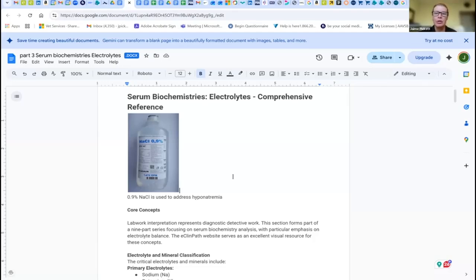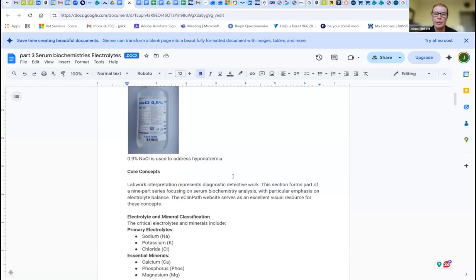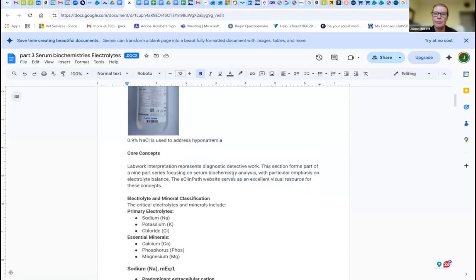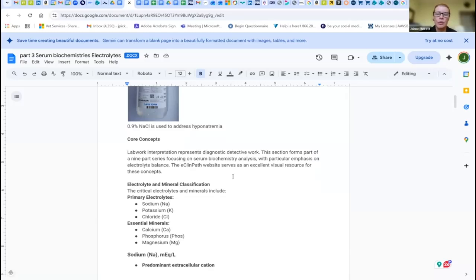Electrolytes are like the electrical wiring of the body. They control fluid balance, nerve conduction, muscle function, and acid-base status. And when they're off, even a little, patients can get into trouble quickly.